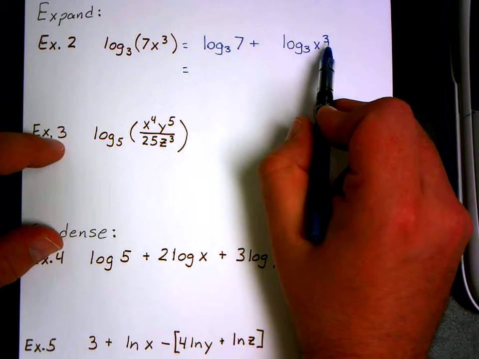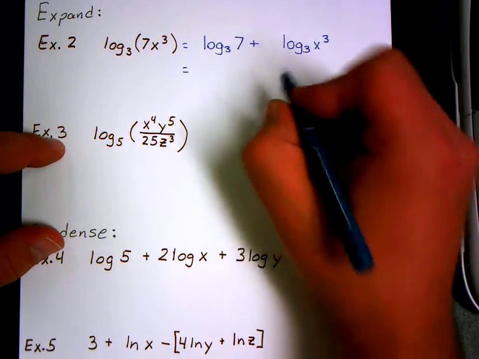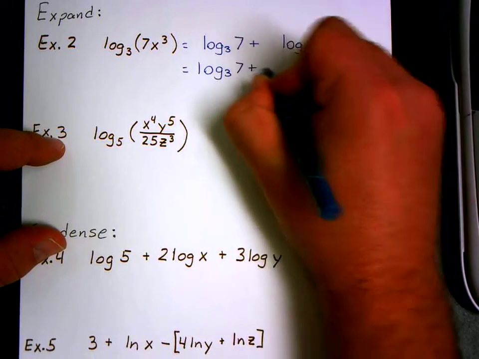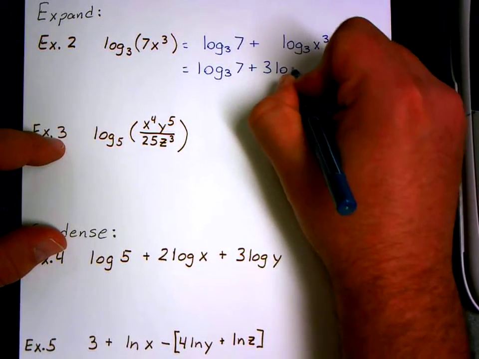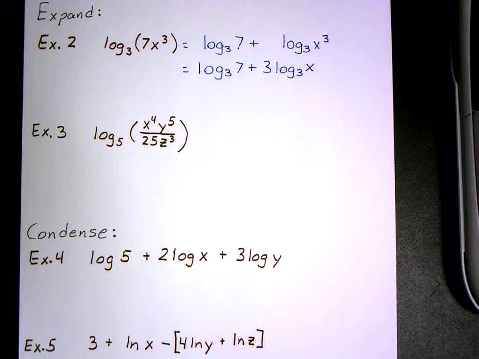This x cubed in here, what do I do with the exponent? You add it to the front. Add it to the front. So there's my answer. That's all you have to do in those problems.